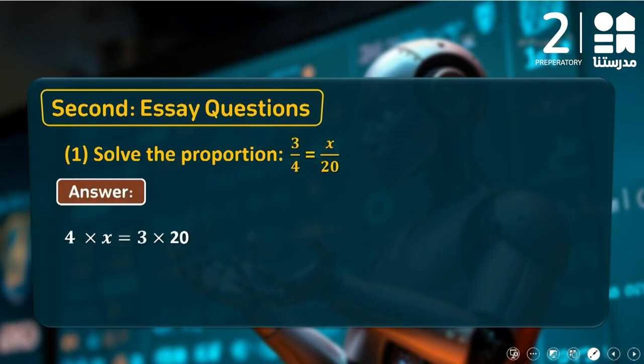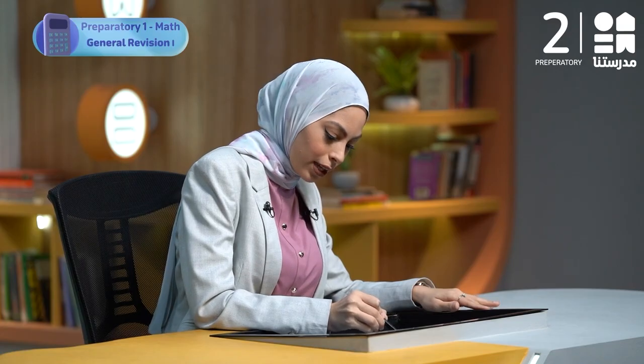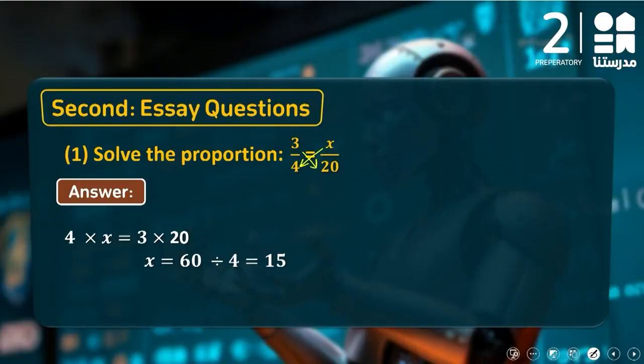We can use cross multiplication. So we have 3 times 20 equals 4 times x. So now we have 4x equals 3 times 20, equal to 60. How can we find x? We divide both sides by 4. So x equals 60 divided by 4, equal to 15. So now we have solved this proportion and we have x equal to 15.